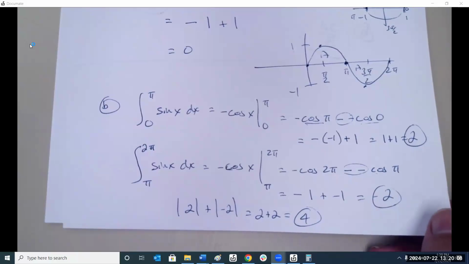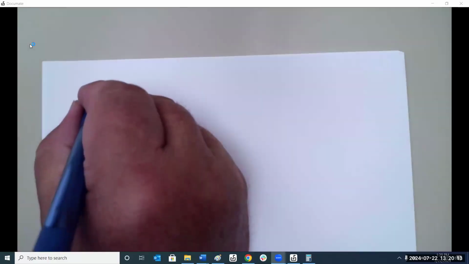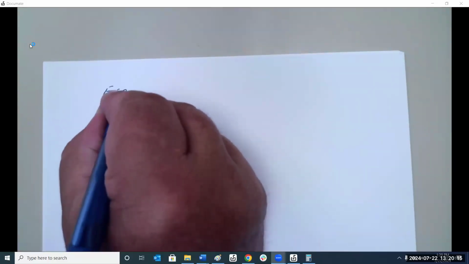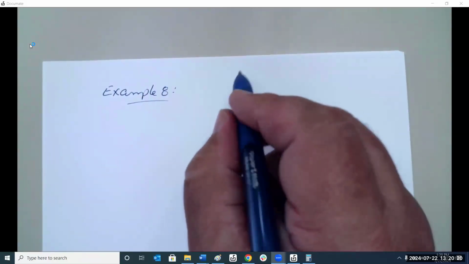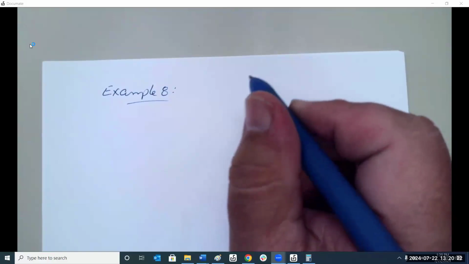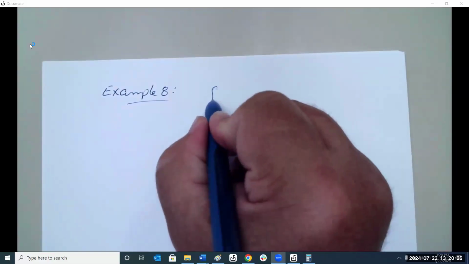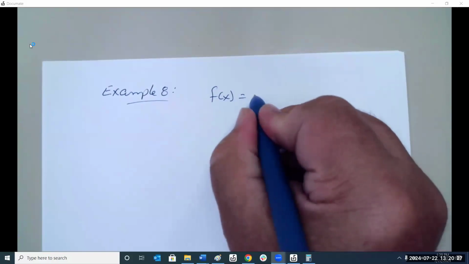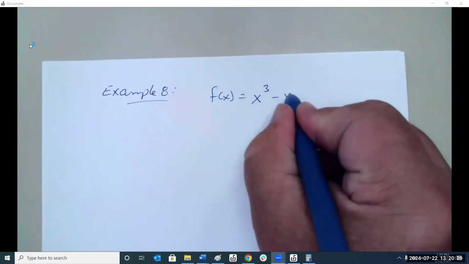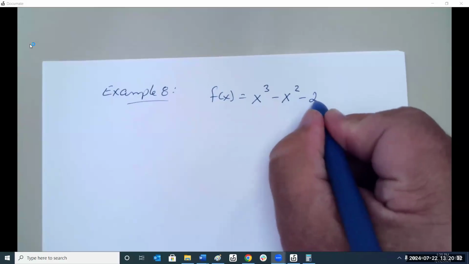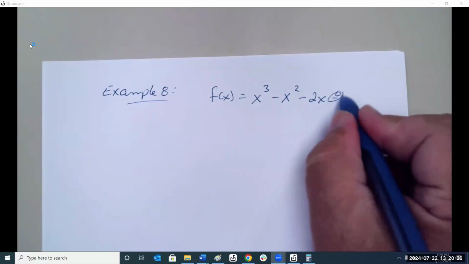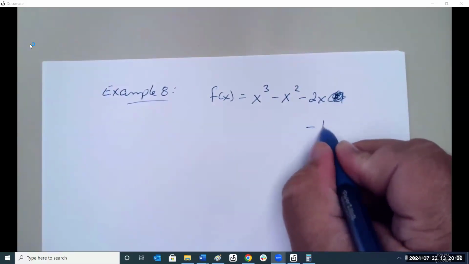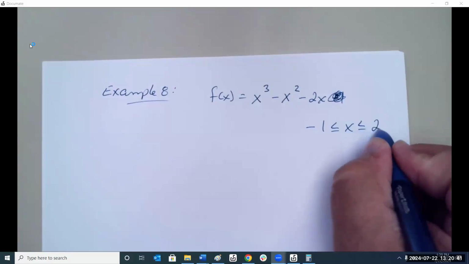One more example, example 8. Find the area of the region between the x-axis and the graph of this function, from -1 to 2.